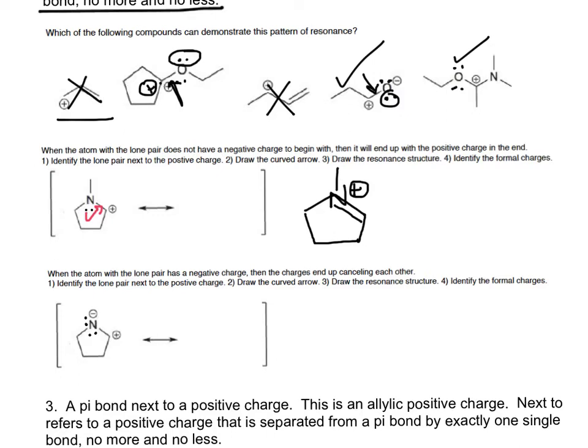If we push a lone pair, what we will see is that now our structure is overall neutral. The first structure is neutral, and our final structure is neutral, but there are no more formal charges.